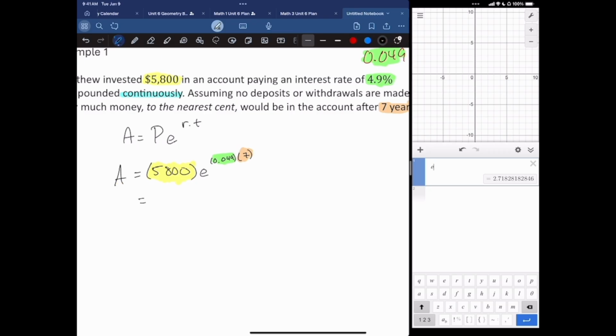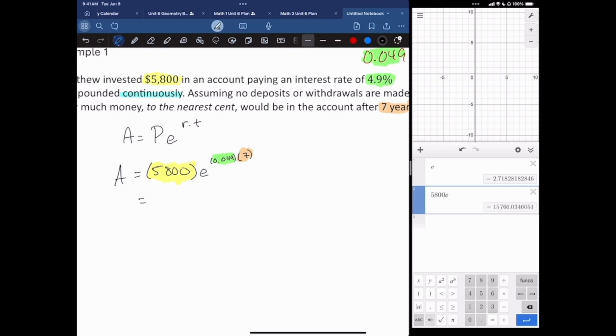Okay, so we'll plug this into our calculator. We have 5,800 times E raised to the, in parentheses, 0.049, close, times 7. So we got 8,173.1788.